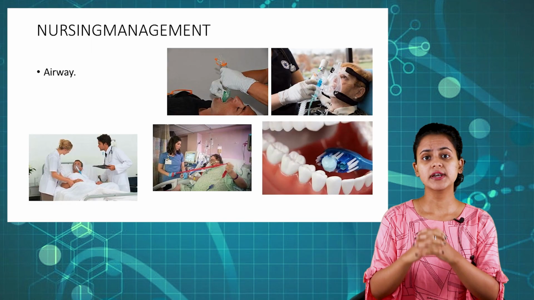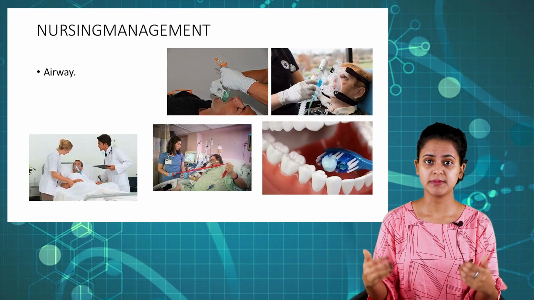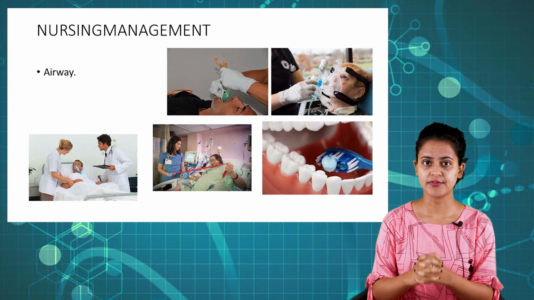Even airway, breathing and circulation will be assessed and managed by the nurse here. Oxygen administration and ventilator support should be provided to the client. Management of the client on the ventilator should be done in a proper way. Continuous monitoring of the vital signs and hemodynamic stability should be done.